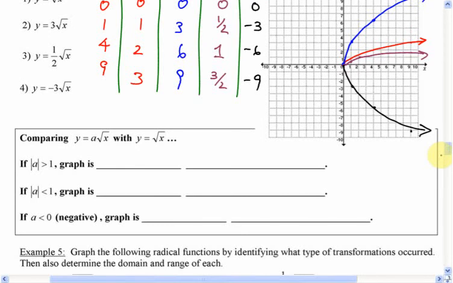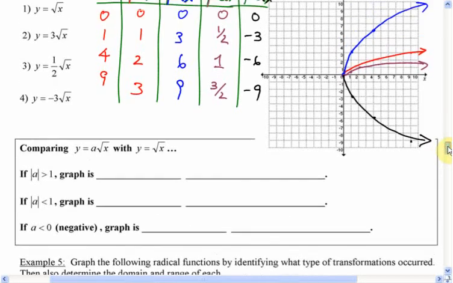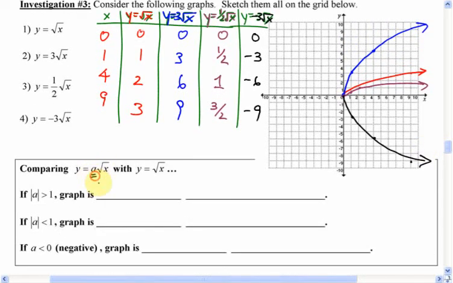Ladies and gentlemen, when the value, which I call a, which is in front of the root x, is bigger than 1, okay? So this absolute value means ignore the sign, okay? Ignore the positive or negative sign, just the number. If it's bigger than 1, do you see what happened to our graph? We went from the one that was red and it became blue.